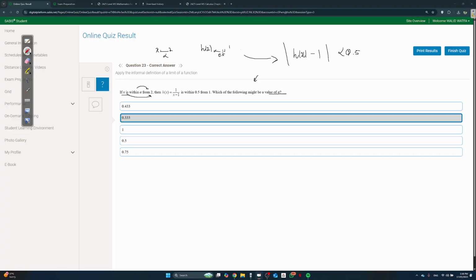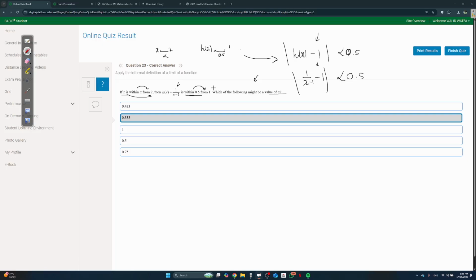All you have to do after this is just solve it. So the absolute value of 1 over x minus 1 is less than 0.5. You need to use the absolute value, if not, you will not get the answer. Why are we using absolute value? Because it's plus or minus, and we don't know which.